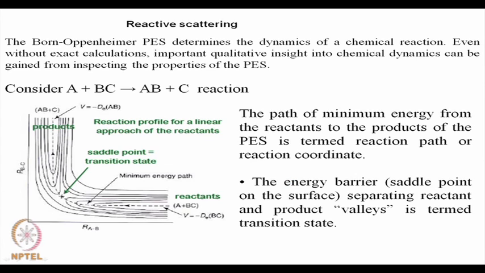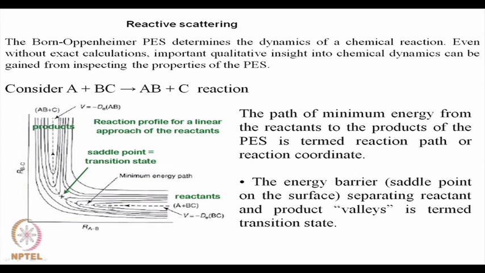Okay, now here you see that this is A plus BC giving rise to AB plus C. As I told in the last lecture, this is RBC, that is the distance between B and C, and RAB is the distance between A and B. And this is the cross section, potential energy contour for the corresponding equal energy line.